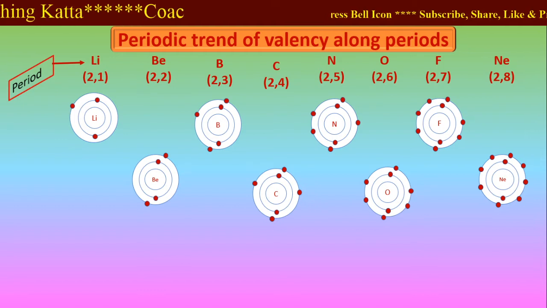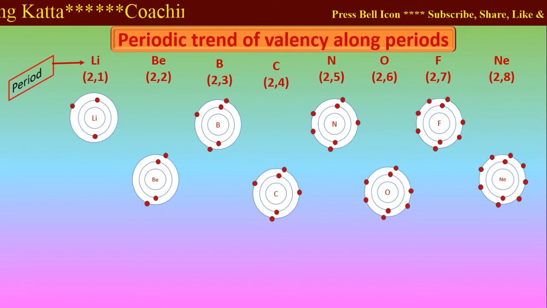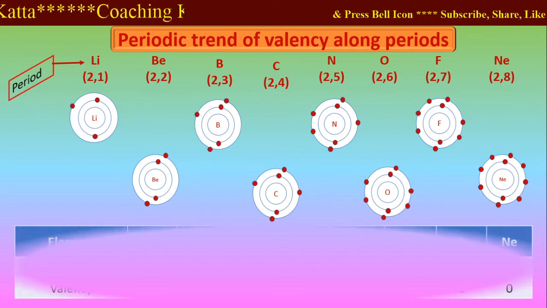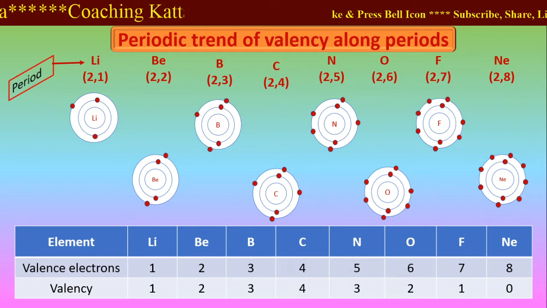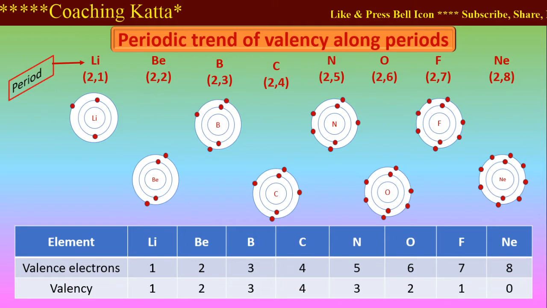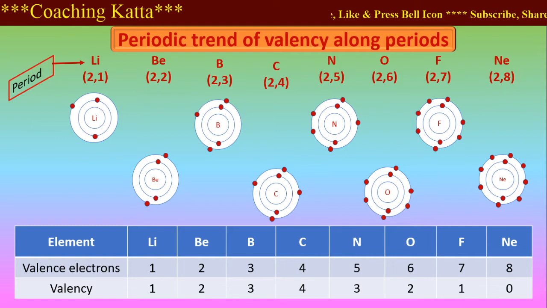Its octet is complete, so it does not accept or donate electrons. Therefore, its valency is equal to 0. So, the corresponding elements, their valence electrons and valencies are shown in the following table. Let us observe the table. Write down the table in your notebook.